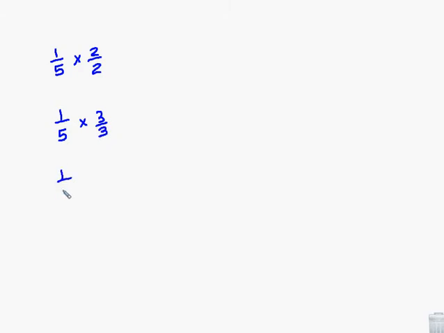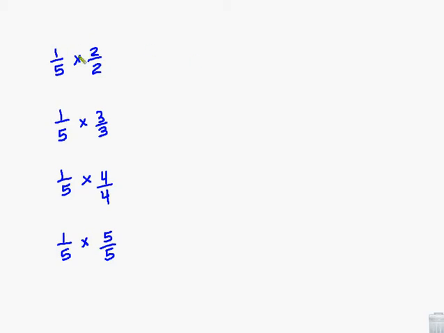We could multiply 1/5 by 4 over 4. We could multiply 1/5 by 5 over 5. Or really, any fraction, as long as the numerator and the denominator are the same.